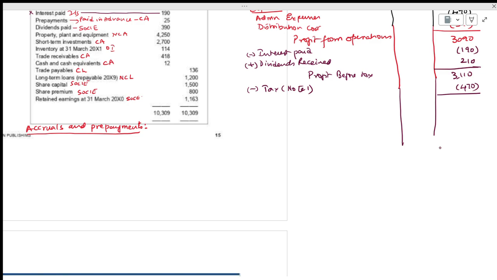How much will you get? 2,640. This is profit for the year.